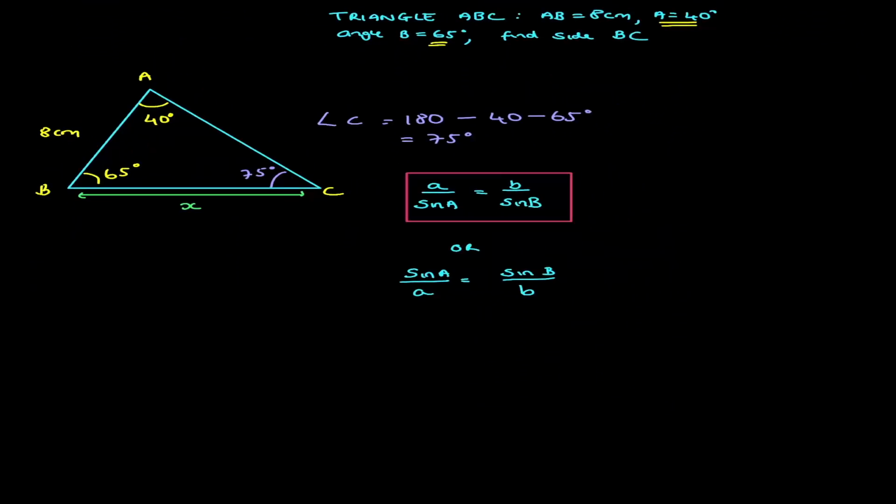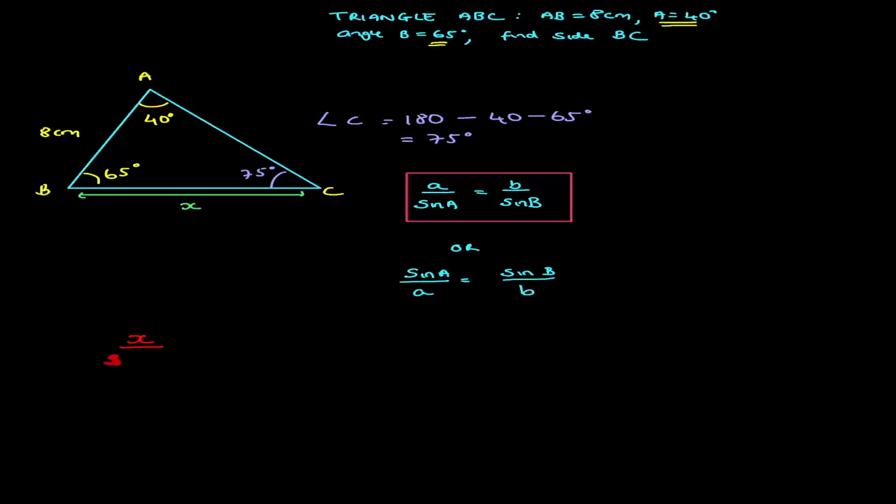So A in this case is X, so X would go on top over here. We've got X divided by sine A, where sine A is the angle that's opposite that length, so it's going to be sine of 40.